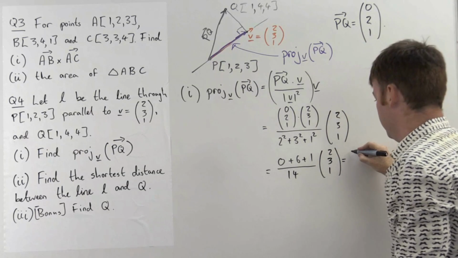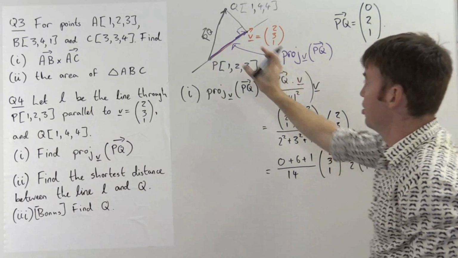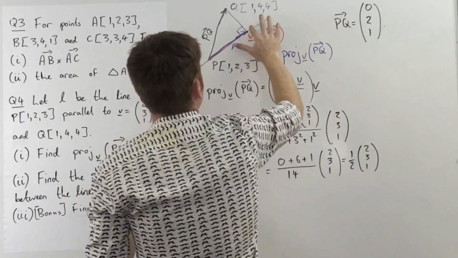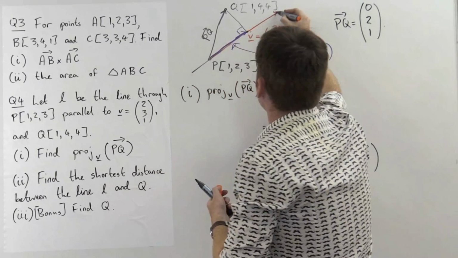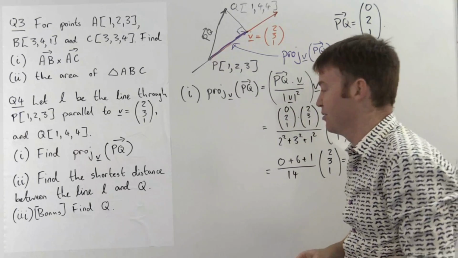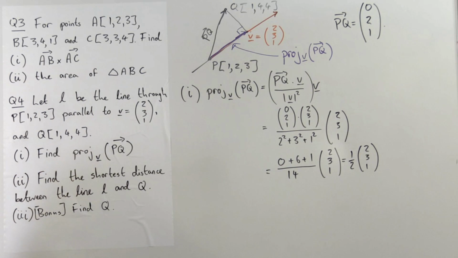Which is just half of 2, 3, 1. So my purple vector is in fact half of my orange vector. Maybe I'll cheat a little bit just to promote my diagram to something that is roughly on scale. There we go. The purple vector is half the orange vector. Good. So that's part I.